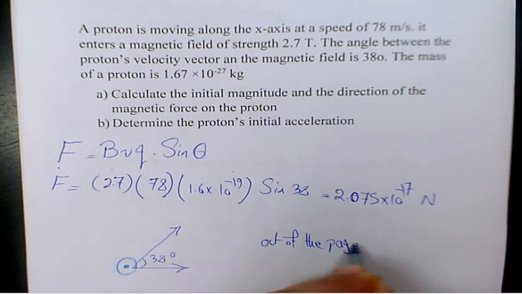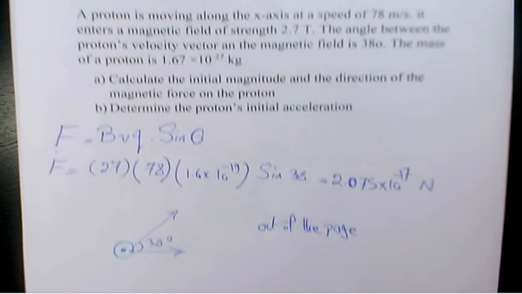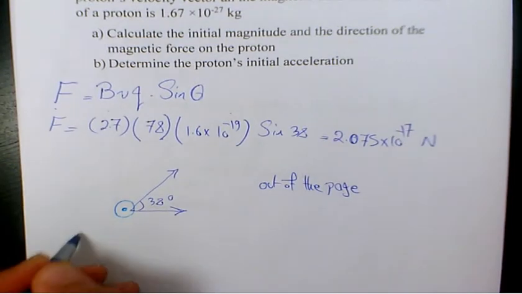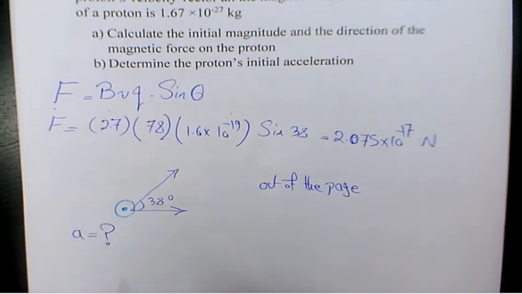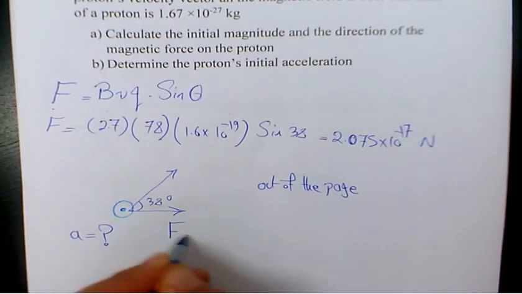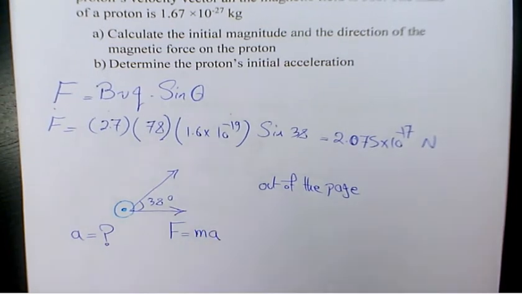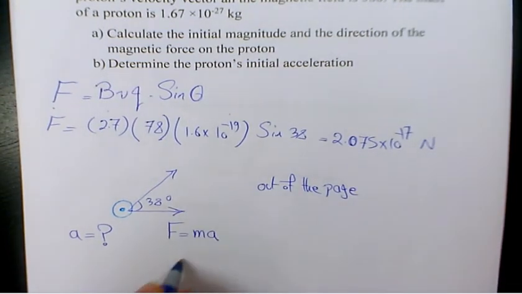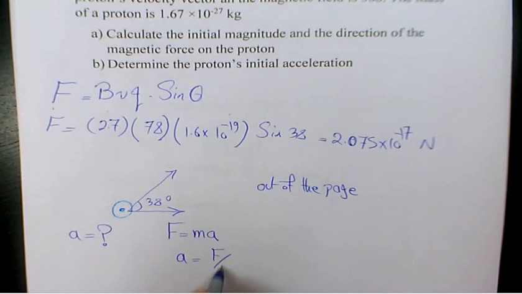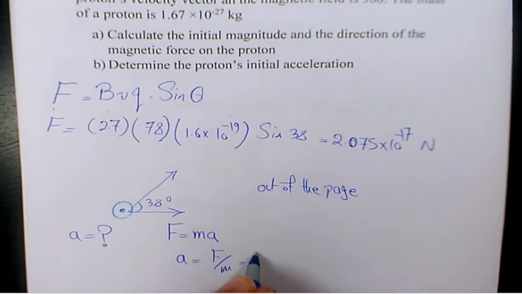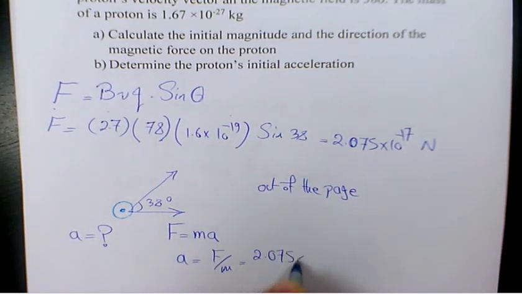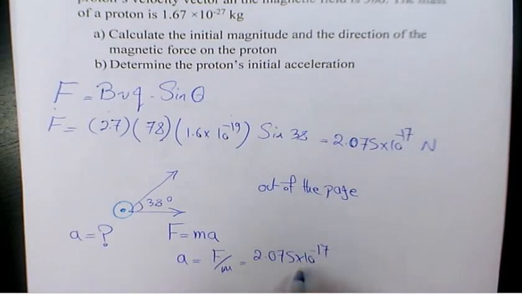Now in part B, it says determine the proton's initial acceleration. Initial acceleration is a, from Newton's second law. F equals ma. a is F divided by m. F is the magnetic force. There is no other force there.